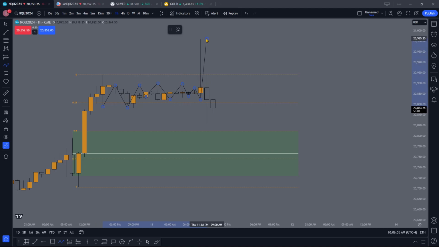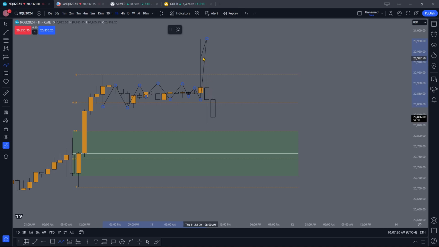Then we have this big move higher because of the 8:30 news. But because we didn't close anywhere significant in this area, this here was just a possible reassessment point, for us to view on lower time frames to reassess whether this was manipulation or just a breakout of the range.